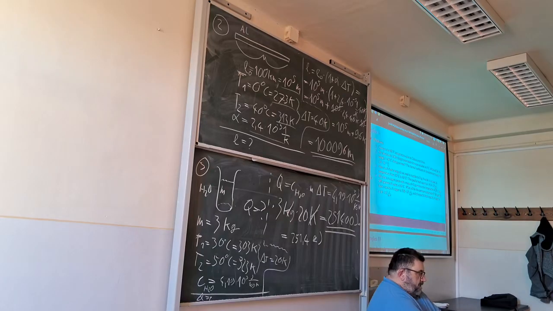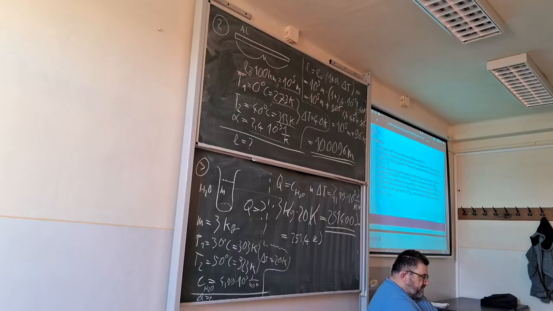Okay. So we place a copper piece with a mass of 40 grams and temperature of 20 Celsius into 200 grams of water at 80 Celsius temperature. What will be the common temperature?